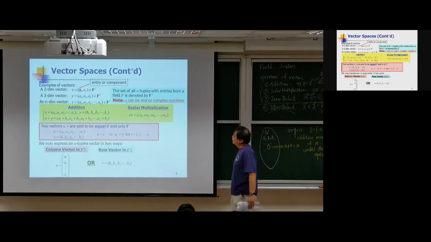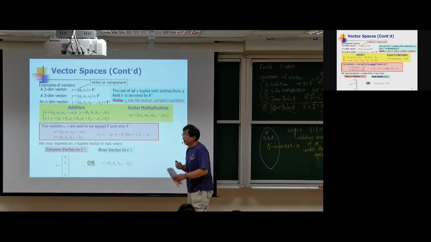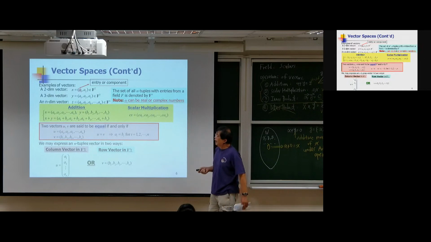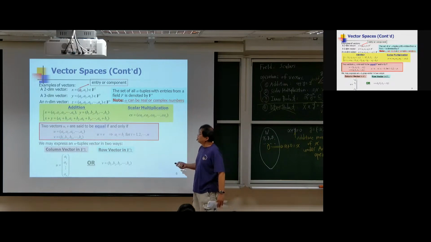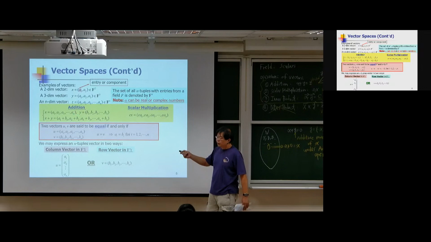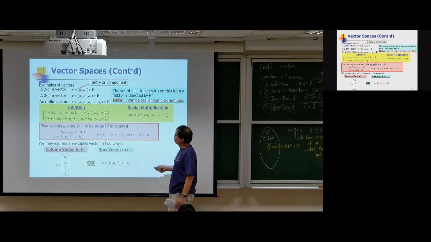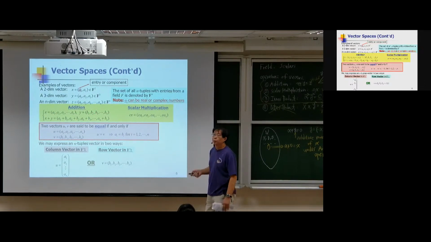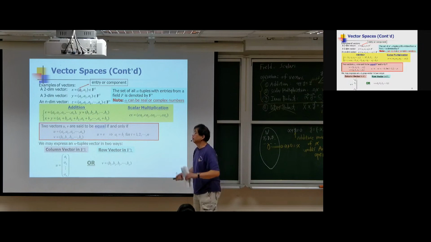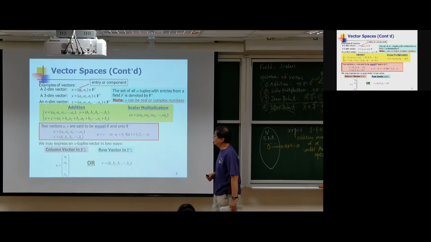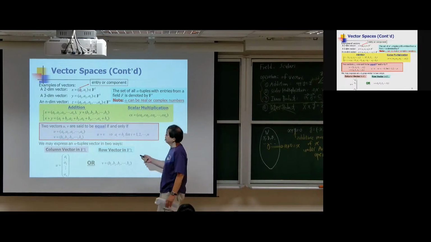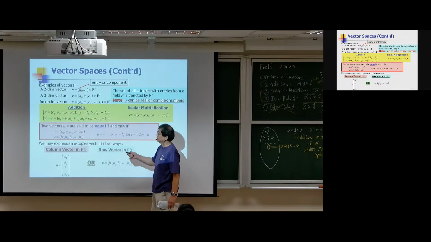So in these n-tuple column vectors, we define the addition of two vectors. So I have x equals (a1, a2 to an), and y equals (b1, b2 to bn), and we can add these two vectors together by adding each individual element: a1 plus b1, a2 plus b2, a3 plus b3.